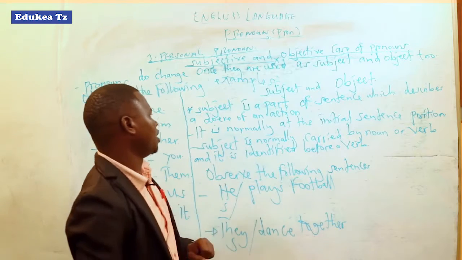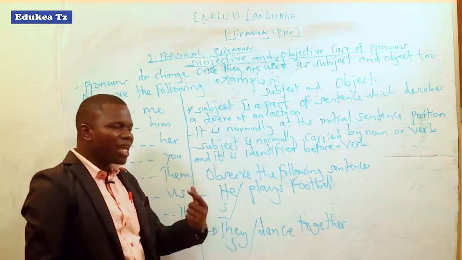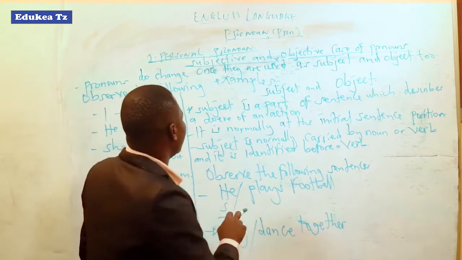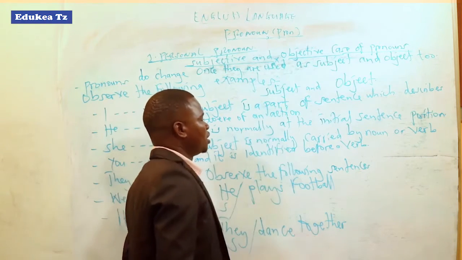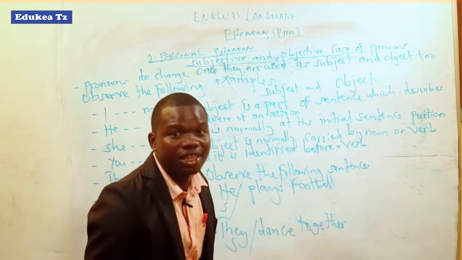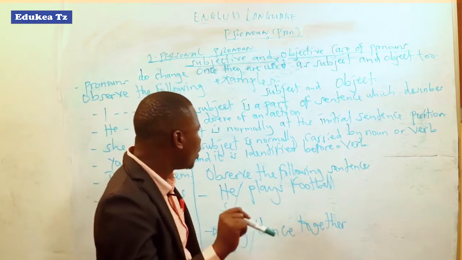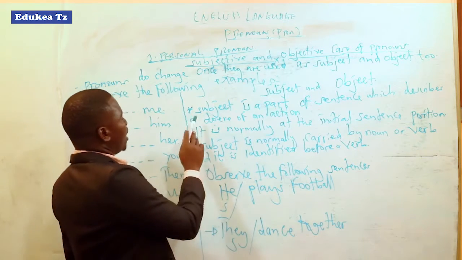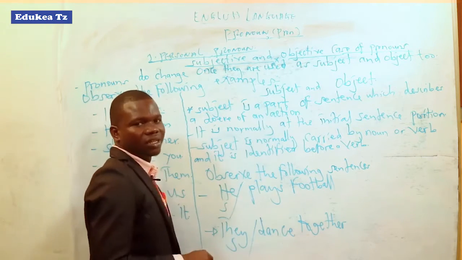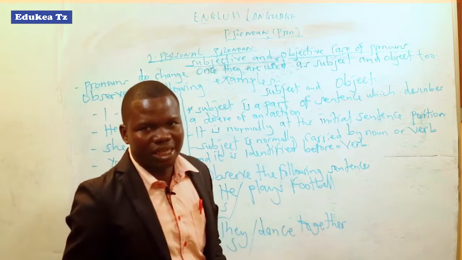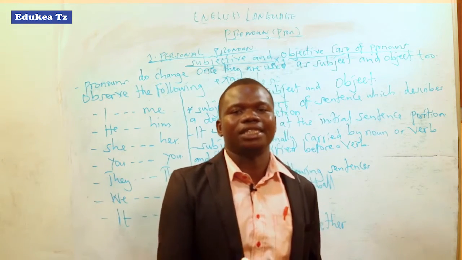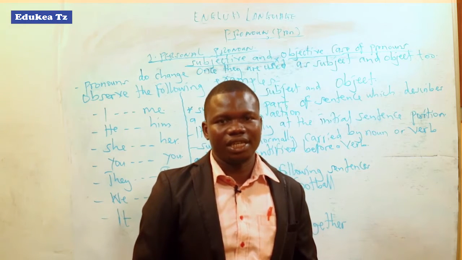So what does it mean when we are describing the subject? A subject is a part, and normally the first part of a sentence, which describes a doer of an action, who performs a certain action in a given sentence.